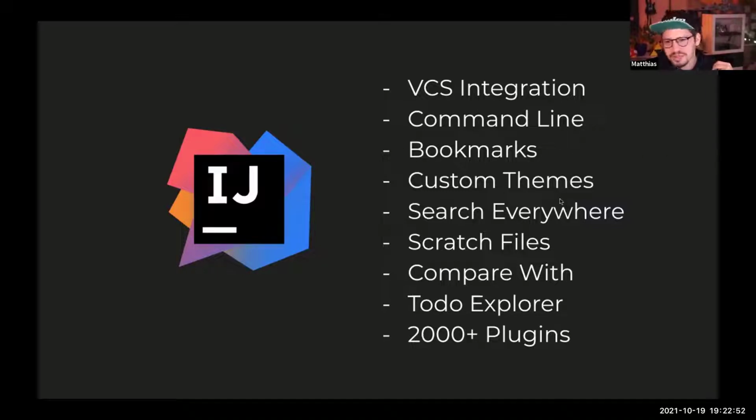Okay, then simple stuff like bookmarks, custom themes, of course. I'm not that too much into that. Search everywhere, I will show right nearly at the beginning, probably, which also allows you to set settings right from the search dialog and much more, and Git history and all that. Scratch files is a really cool concept, particularly for HTTP requests.